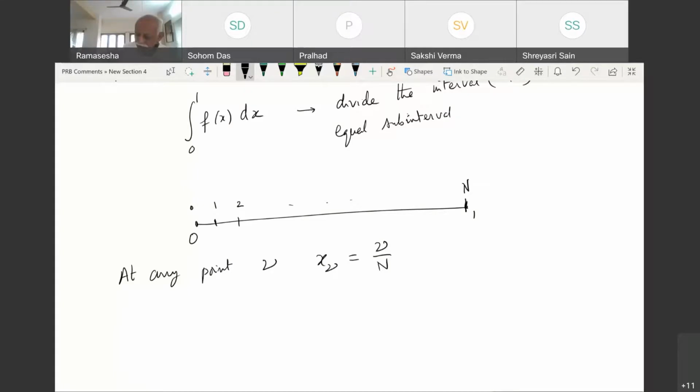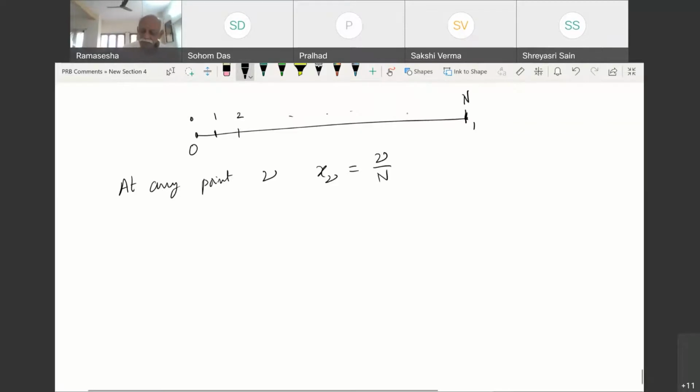When nu is equal to 0, x_0 is 0. When nu is equal to n, x_n is equal to 1. And in between you have x_nu equal to nu by n. Now let us see how. Whenever you want to integrate, you have various kinds of formulas.